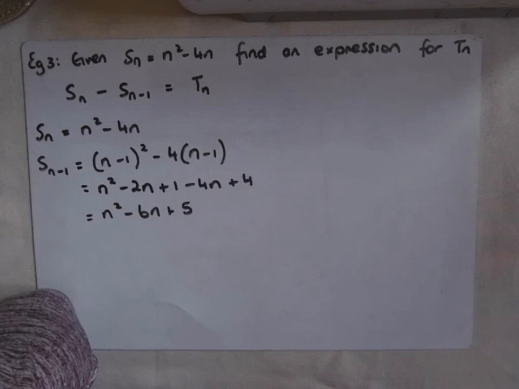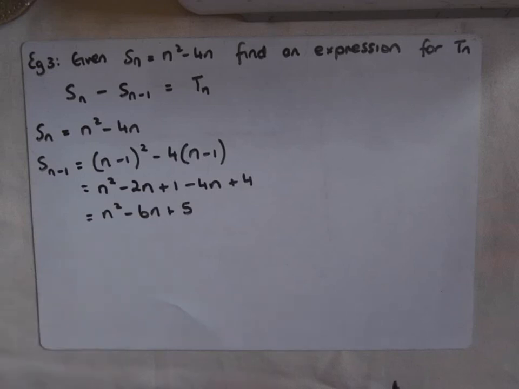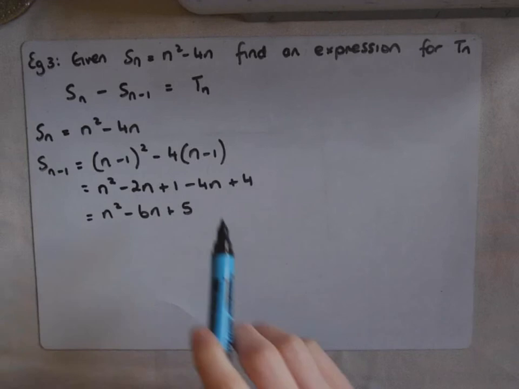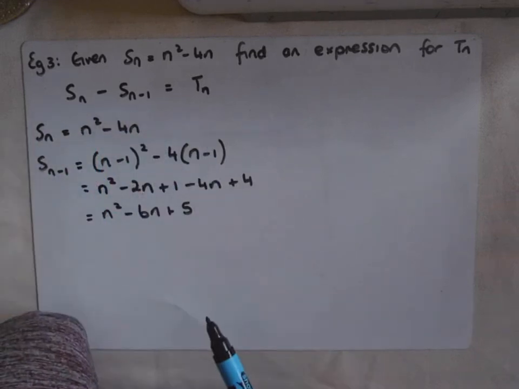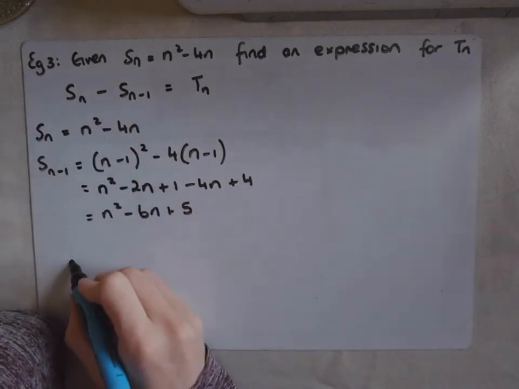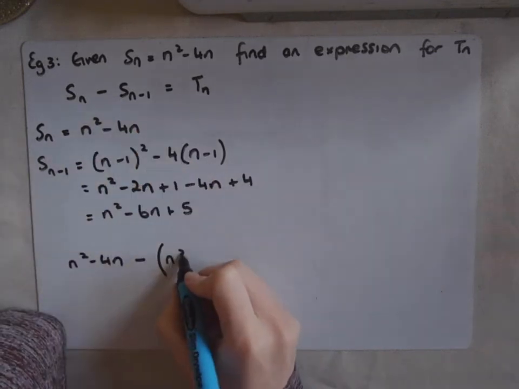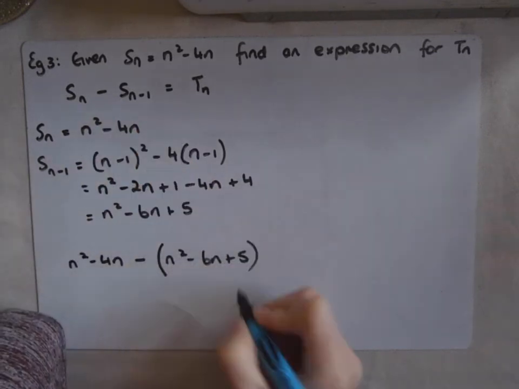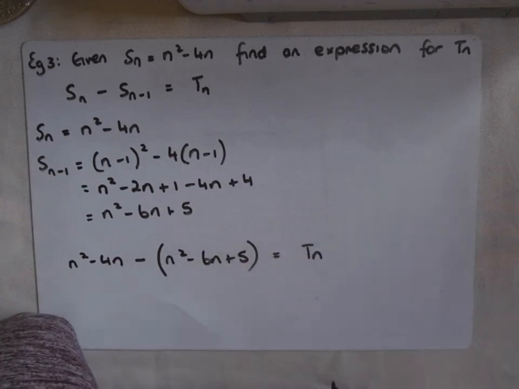Now, we know we're going to take that answer from S of n, and that will give us T of n. So, write out your Sn, take all of S of n minus 1, so you have to use brackets here, and that will give us Tn. So we have n squared minus 4n minus n squared plus 2n minus 1, that is minus by minus, plus 6n minus 5.